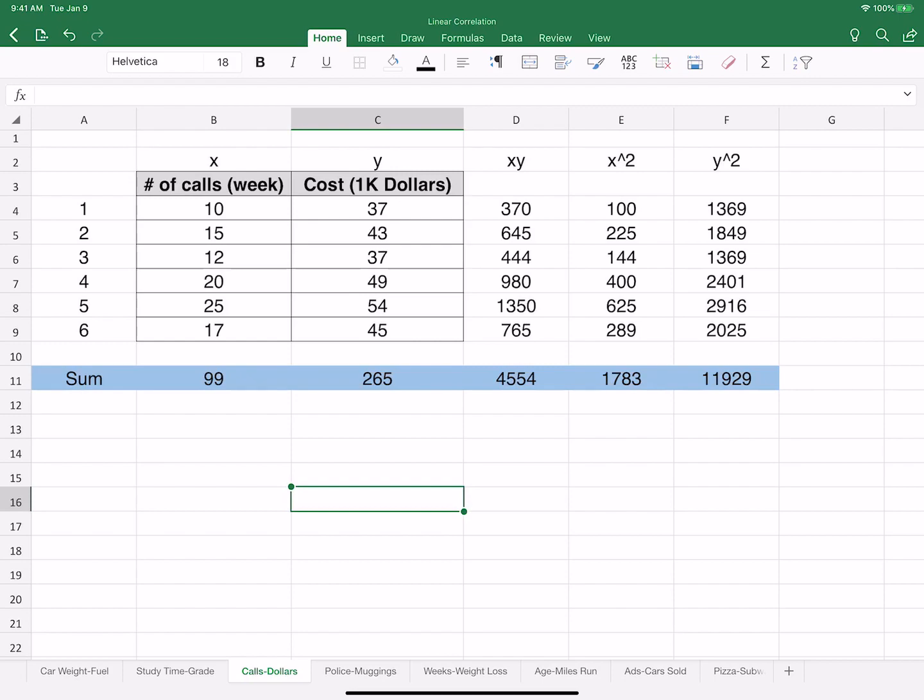So sum x is 99, sum y is 265, sum xy is 4,554, is that right? And sum x squared is 1783, sum y squared is 11,929.